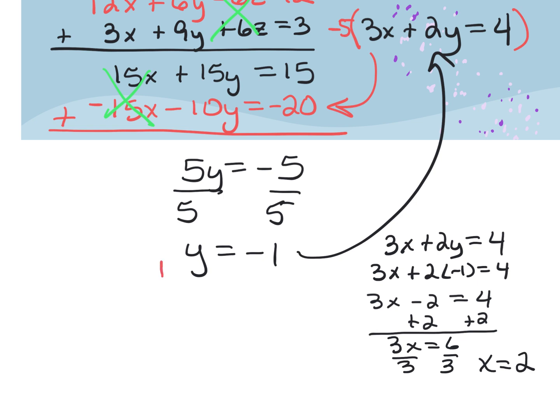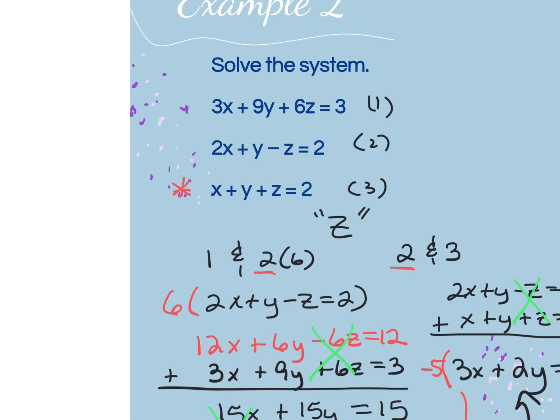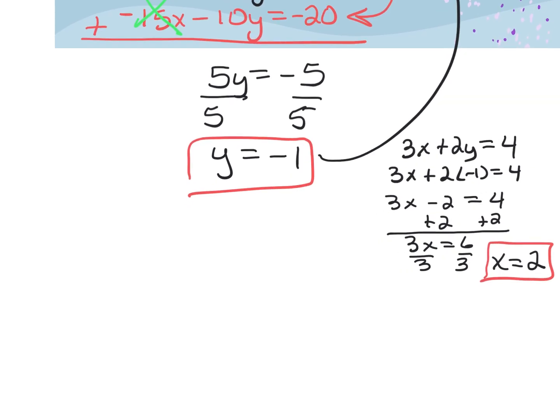So again, you're going to take these two numbers and go back to the beginning and grab one of the original equations. To solve for z, I'm going to use the last one, because look at the last one. It's just got x plus y plus z equals 2. So that's the one I'm going to use. Again, you can choose. X plus y plus z equals 2. Take out x, replace it with a 2.